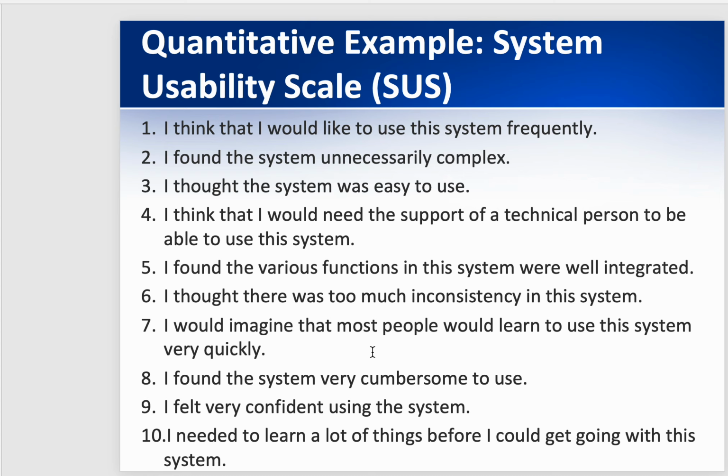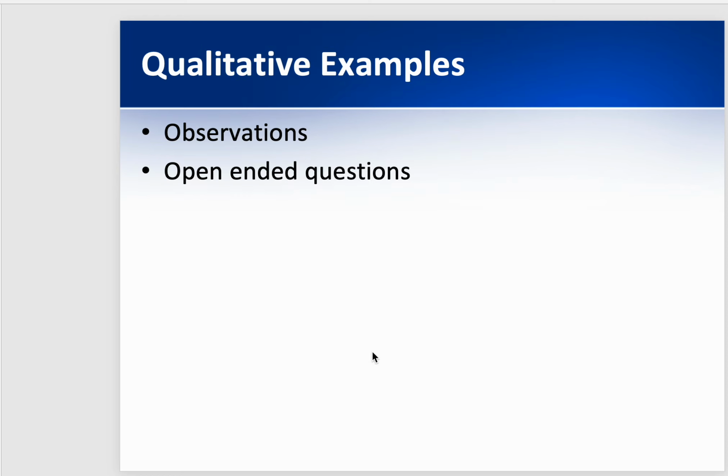It gives you a score out of 100, and some scores mean average. I'm not going to go into the details here of what a good SUS score is, but this way it does give you a quantitative score on usability, which is really nice. I've used this in some of my projects. Qualitative examples are observations and open-ended questions; there's lots of qualitative data that you'll get.